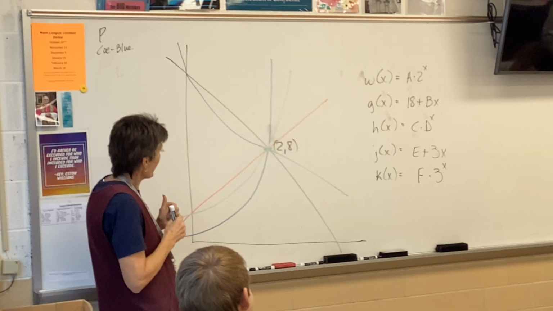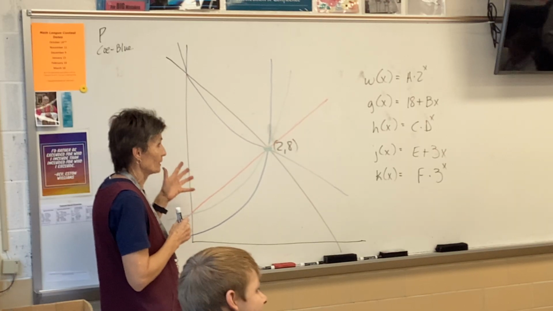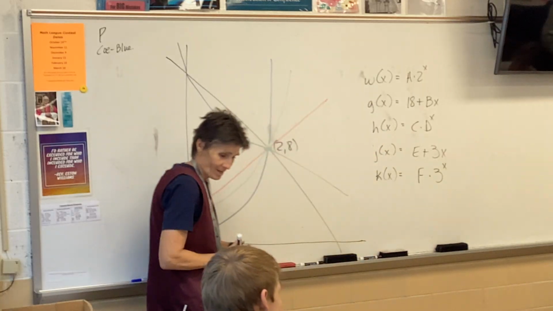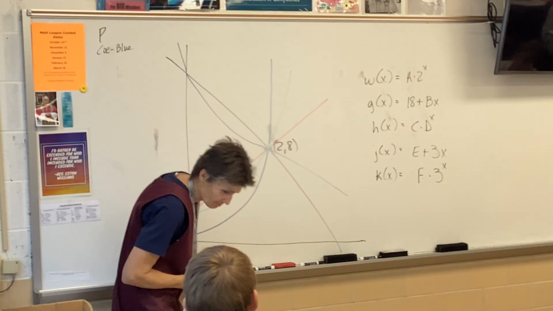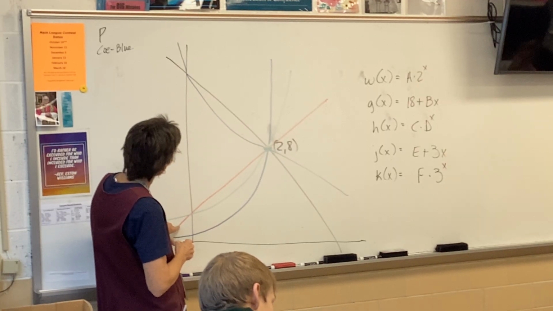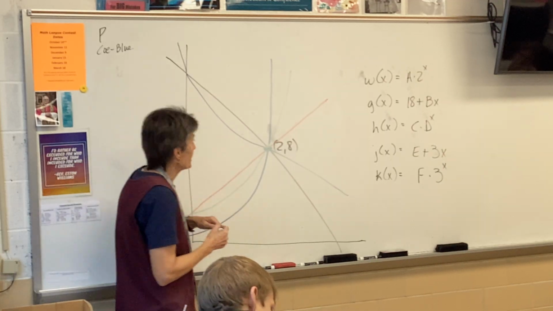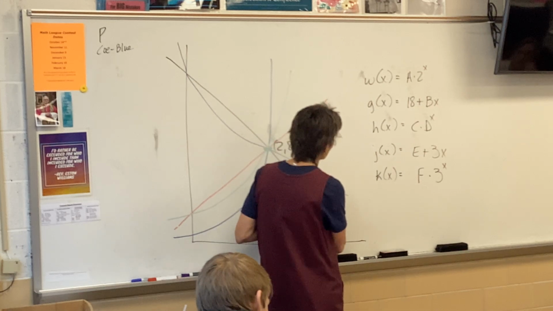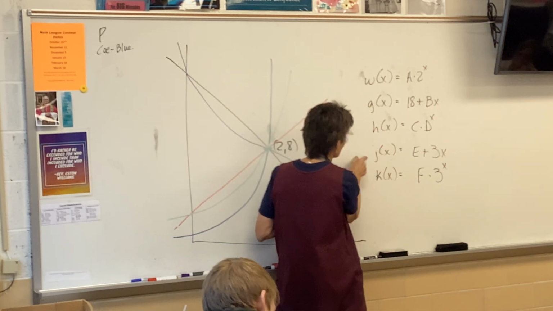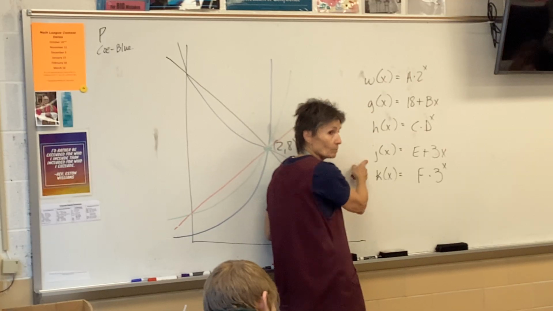partners figured out that two of these guys are linear, all right? Two of them are linear, so that would be the red one and the black one. And the red and black equations would be here and here, G and J. Would you agree with that?